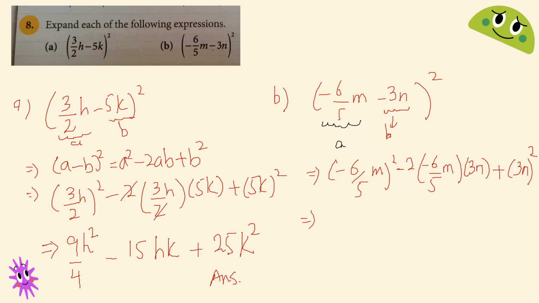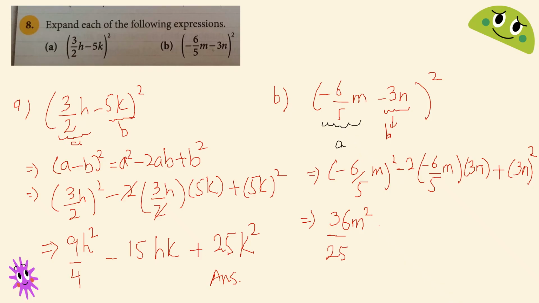Now let's look at this one, that is 6 multiplied by 6 is 36, and you first need to multiply the sign also. Minus square means minus multiplied by minus, which is plus, so it will be a plus, you don't need to write plus, and 6 multiplied by 6 is 36, m multiplied by m is m², and in the denominator you have 5 multiplied by 5, which is 25.